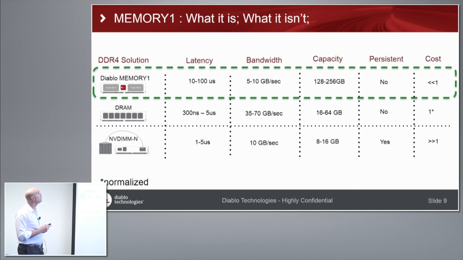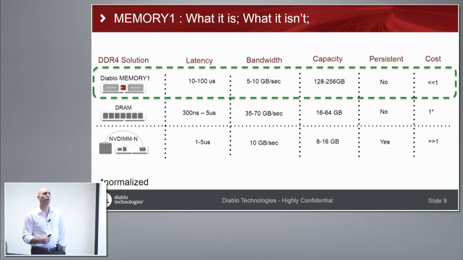If we work our way back, an NVDIMM and DRAM have pretty similar performance. I say slightly different because if you really want to use this as something where data is on it and you'll never lose it, there's a bit of software overhead. You can't access it exactly like memory, but it's still pretty fast.